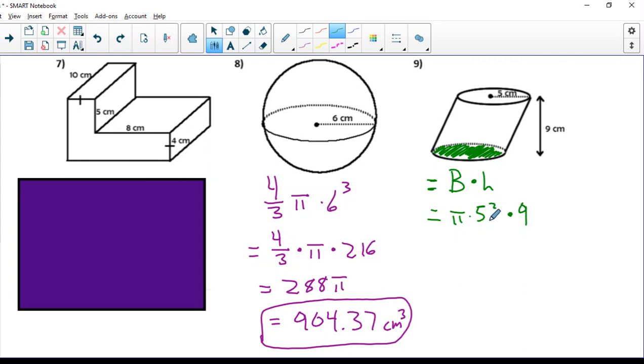All right, 5 times 5 is 25, and then times 9 gives me 225 times pi. Again, when we multiply this, we want to use 3.14 for pi, and then multiply that together. I'm going to get a decimal here, 706.86, and then again, our units are going to be cubed, so this will be cubic centimeters.